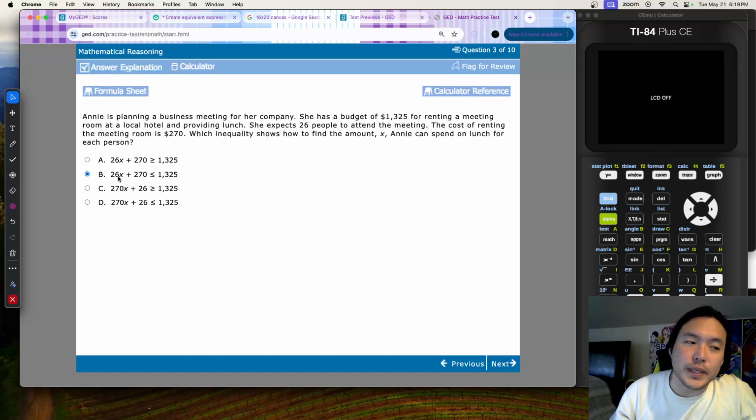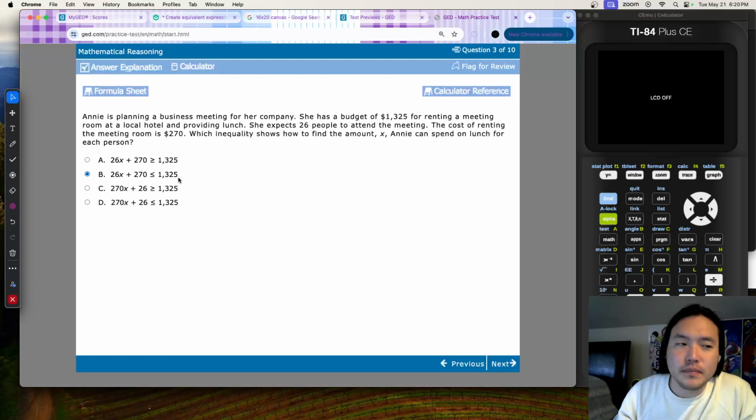So this 26x plus 270 represents the amount of money that the meeting's going to cost, right? If x is the amount of money per person for lunch, 26 times that number is going to be the amount of money you're going to spend for food. And then we're going to spend $270 for the meeting room. And we want that to be less than or equal to 1,325.